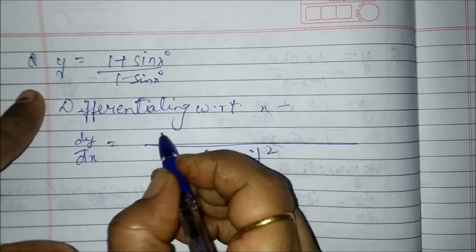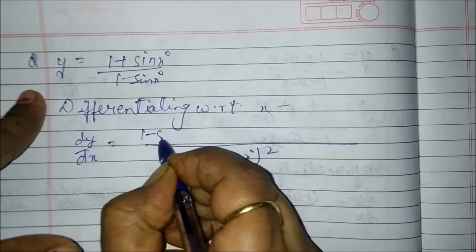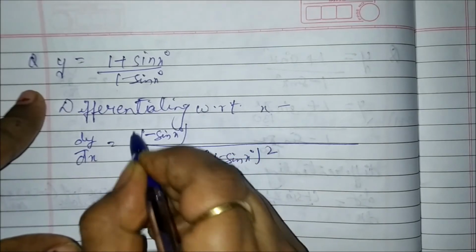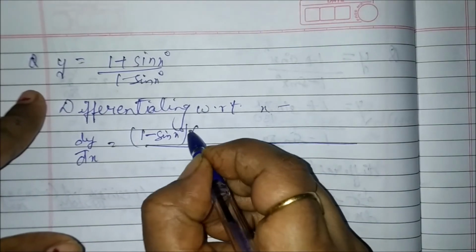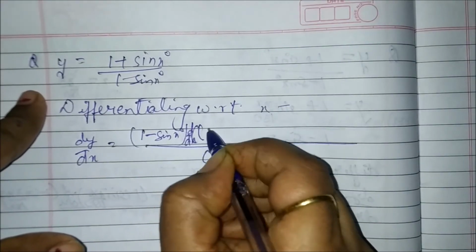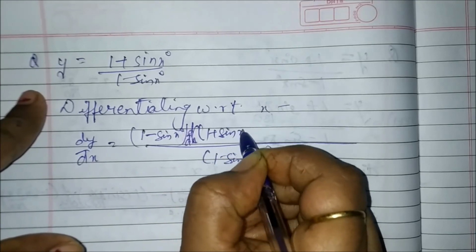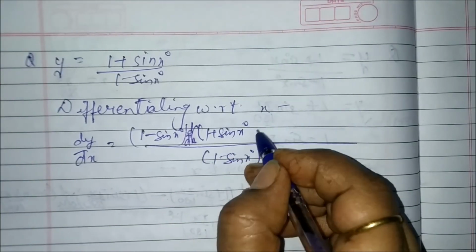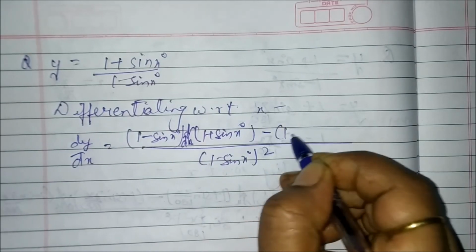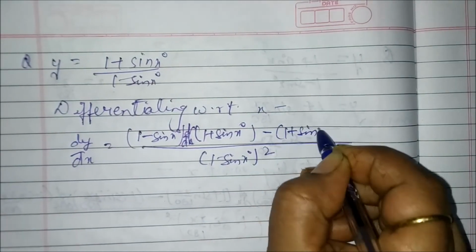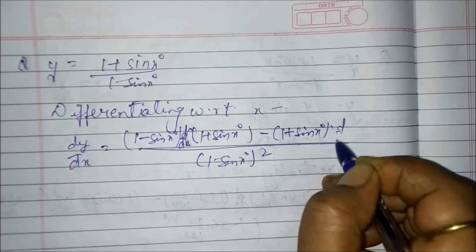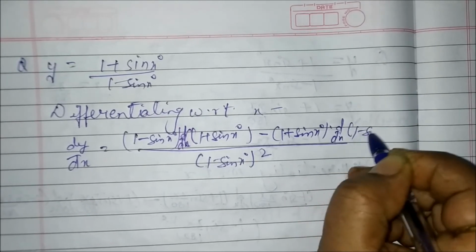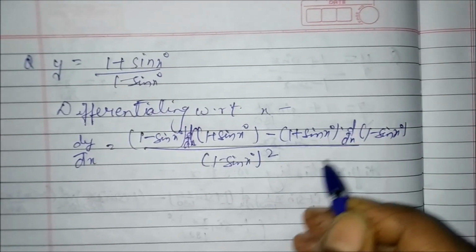Okay, and here (1 minus sine x degree) into d by dx of (1 plus sine x degree), minus (1 plus sine x degree) into d by dx of (1 minus sine x degree).